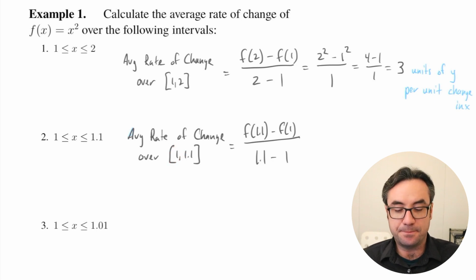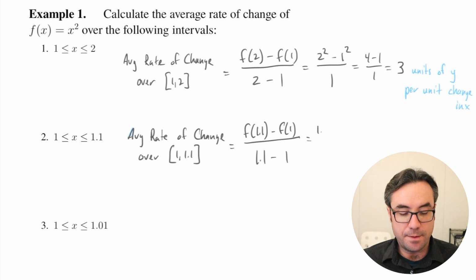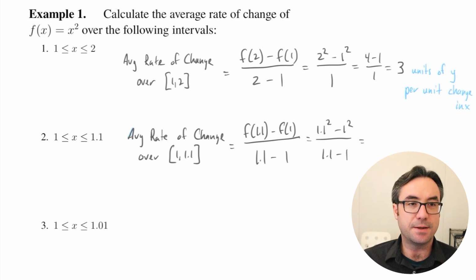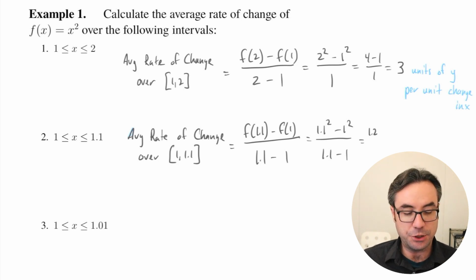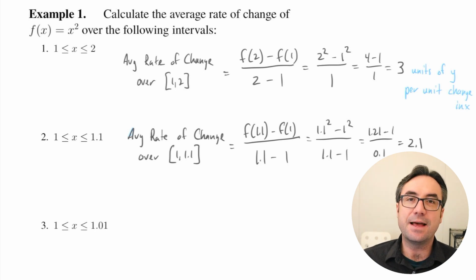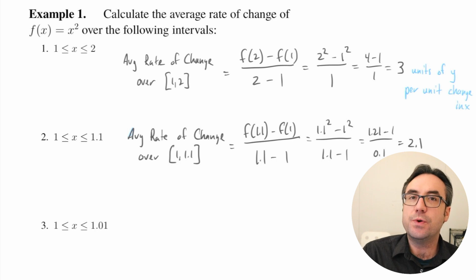When we plug in, we get 1.1 squared minus 1 squared over 1.1 minus 1, which ends up being 1.21 minus 1 over 0.1. And if we do the arithmetic here, this ends up being 2.1. And again, there are some kind of units there.